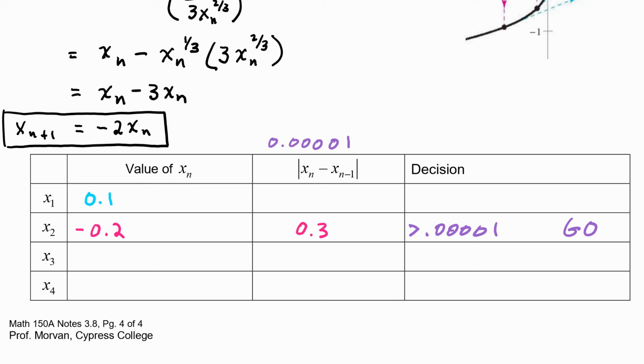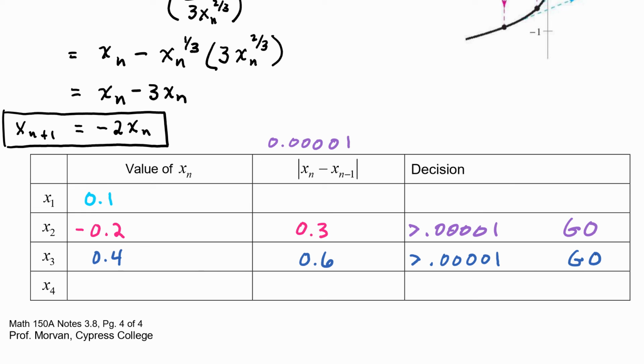Now to find x3, all we have to do is take x2 and multiply times -2. So that becomes positive 0.4. And when we subtract 0.4 minus a negative 0.2, that becomes 0.6, which is greater than 0.00001, our accuracy. That tells us to keep going.